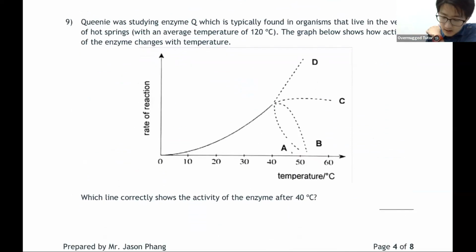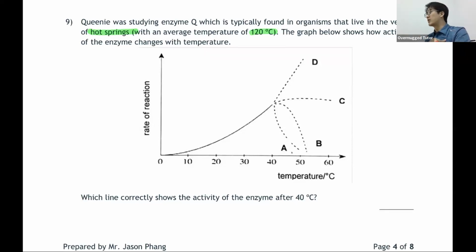Okay, so this one, hot springs, I give you average temperature of 120. Question is, what kind of optimum temperature would its enzymes have? Pretty straightforward question. Shooting, your answer is... Optimum temperature would likely be where the organism is.